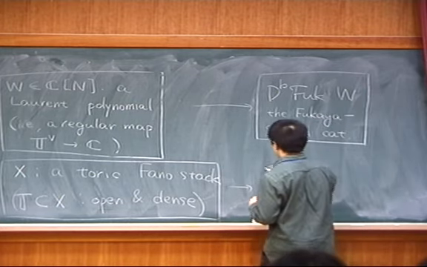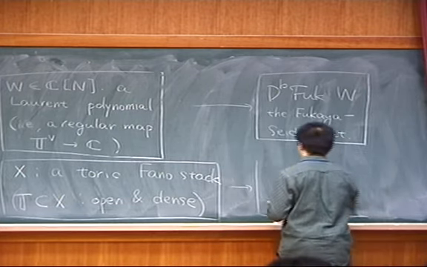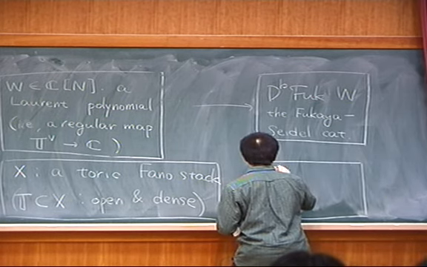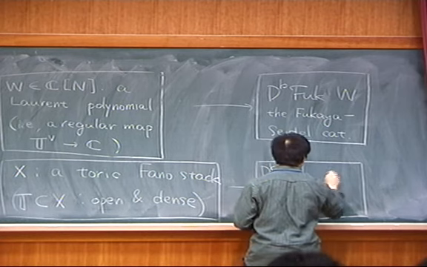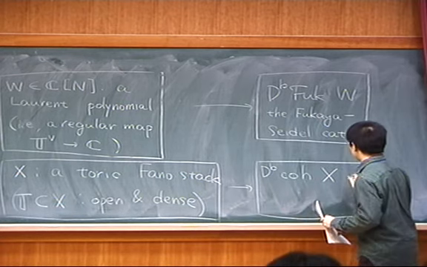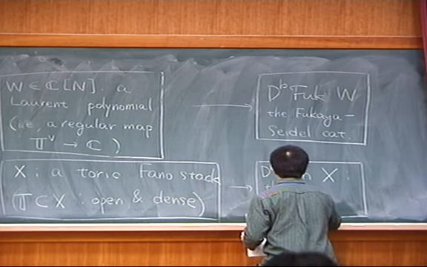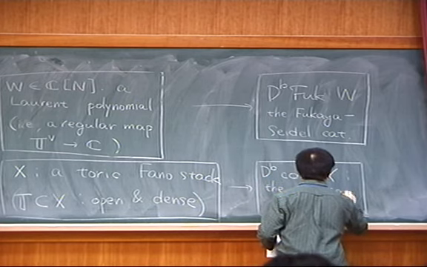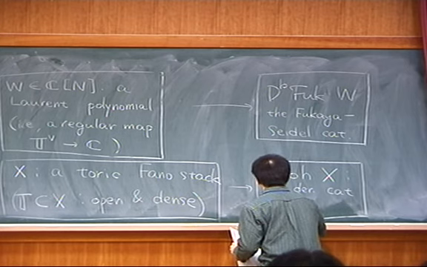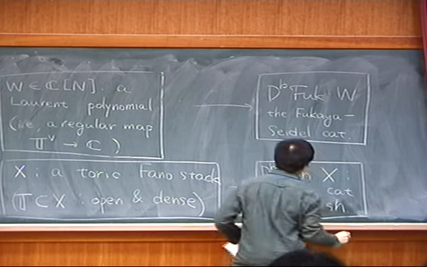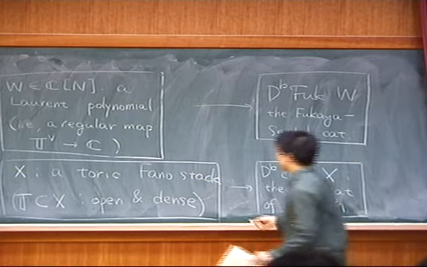And the other one is a derived category of coherent sheaves on the toric stack X.